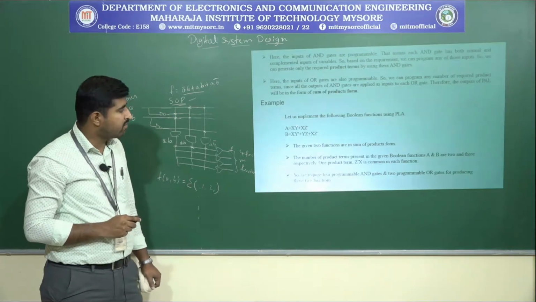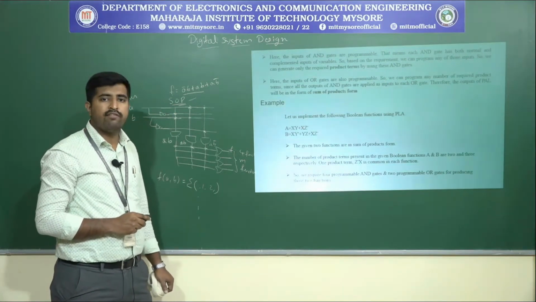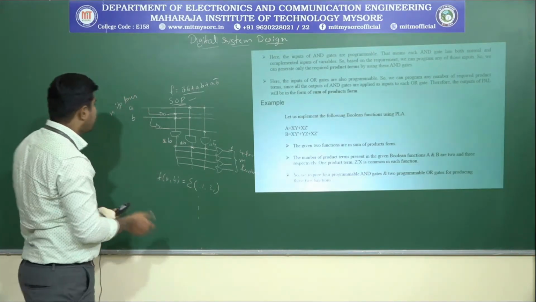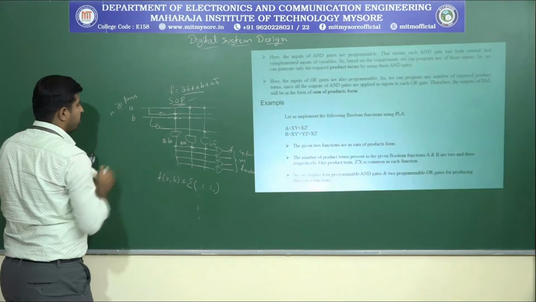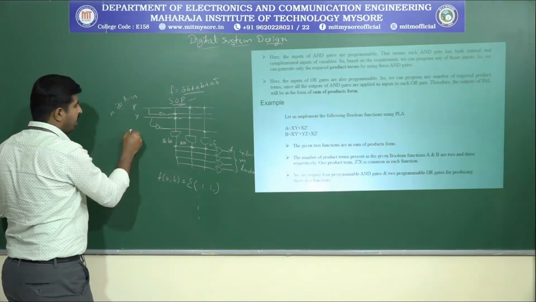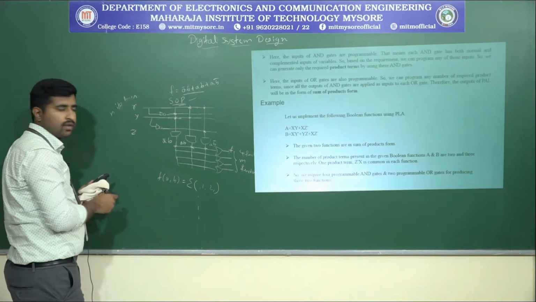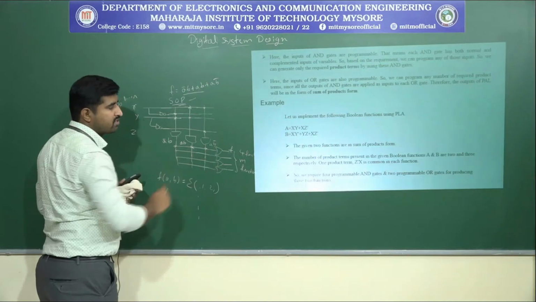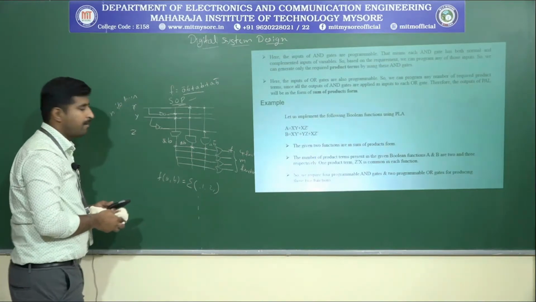So we have inputs x, y, and z, and we are going to have 2 OR gates, because 2 functions are to be implemented.